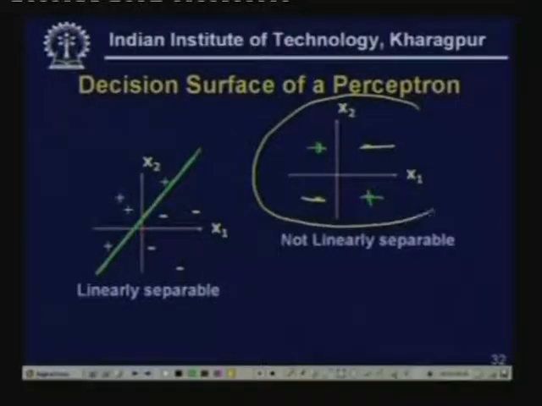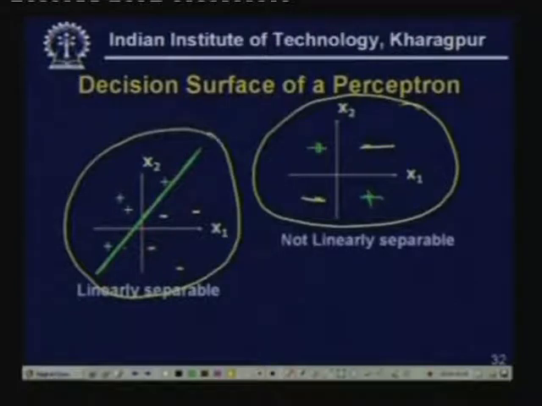Such a straight line does not exist. So, we say that this training set is not linearly separable. This training set is linearly separable because there exists this line that separates the positive points from the negative points.